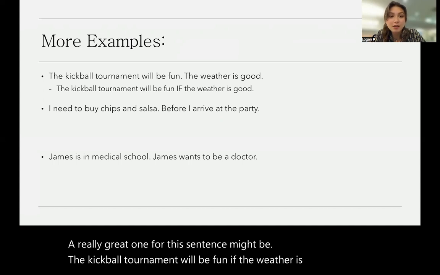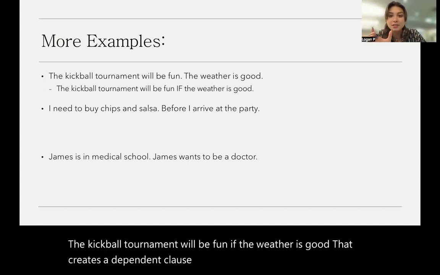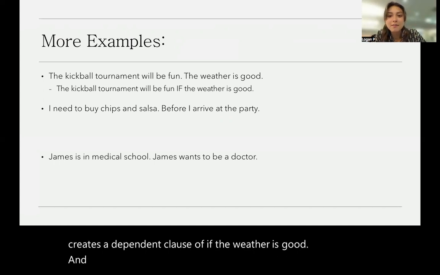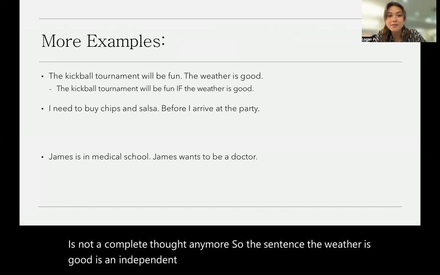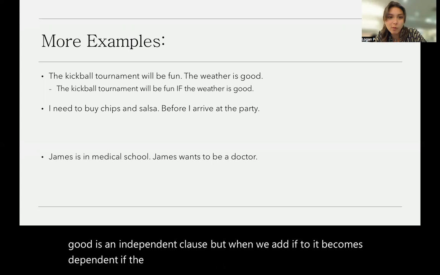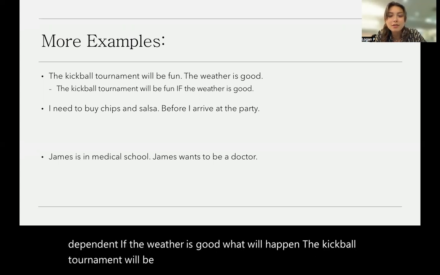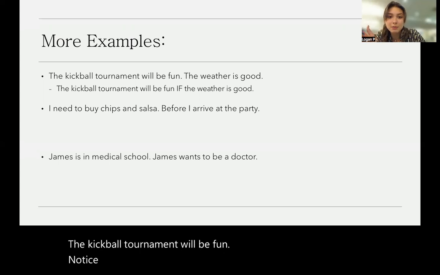That creates a dependent clause of if the weather is good. And it's dependent because it is not a complete thought anymore. So the sentence, the weather is good, is an independent clause. But when we add if to it, it becomes dependent. If the weather is good, what will happen? The kickball tournament will be fun. Notice here, the independent clause comes before the dependent clause, so there's no comma needed.